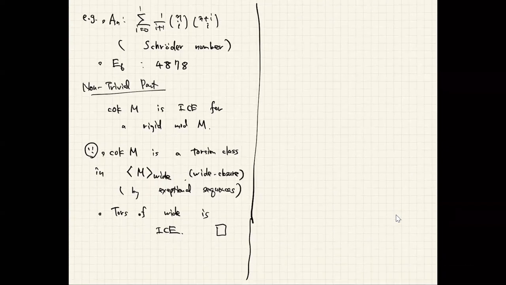And it turns out that this is true for a general finite dimensional algebra, and we will see soon in the next section. So let's move to the next section.